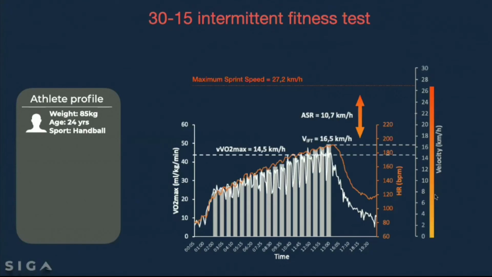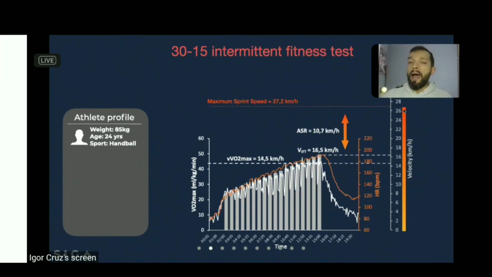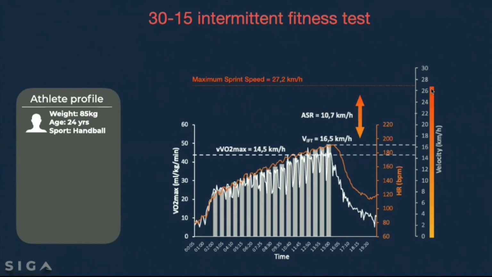As you go up close to a maximum lactic task, that is sprinting 40 meters, let's say, is when the athlete shows his maximum anaerobic lactic capacity. So we have all this range of intensities, and the intensity of the 30-15 test, the final velocity, will be right here, more or less, in this mixture of aerobic and anaerobic pathways.